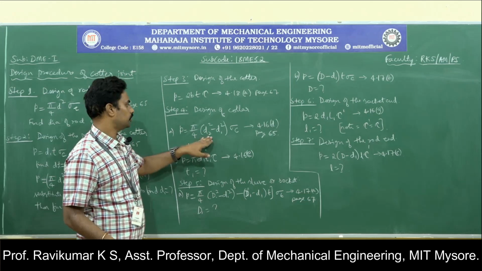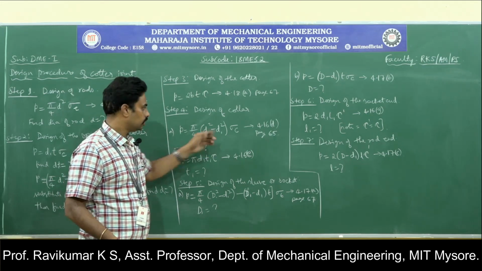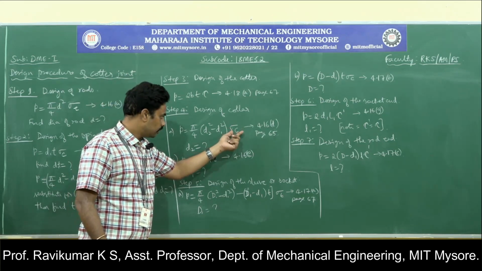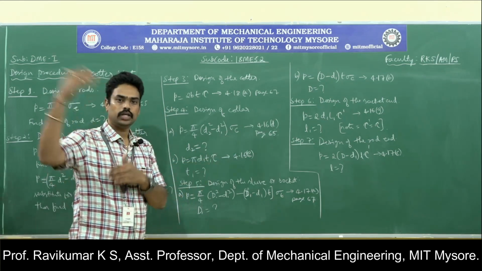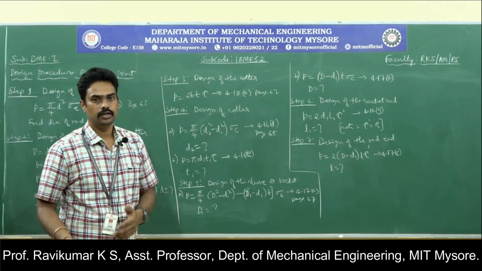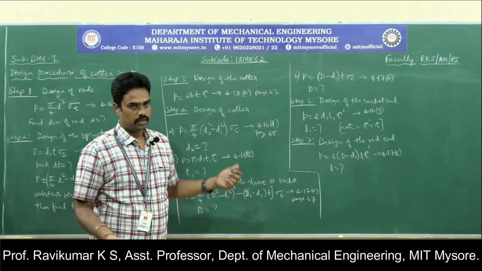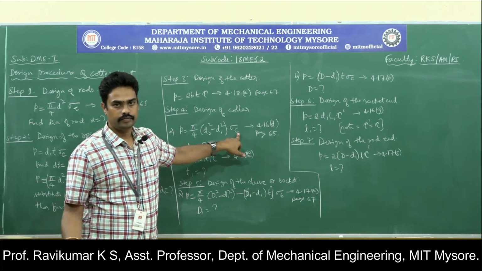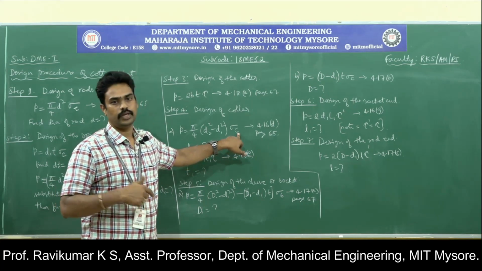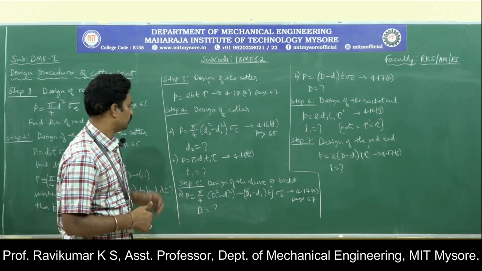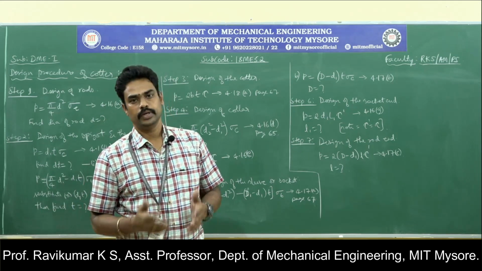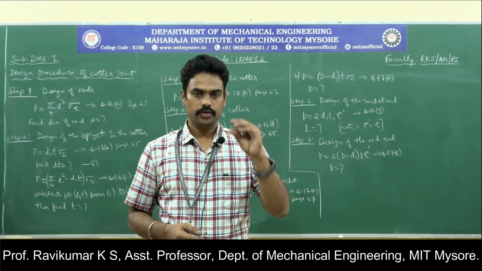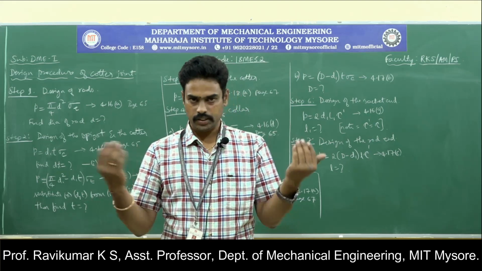Similarly, substitute all the dimensions, calculate the compressive stress, then compare this compressive stress with the given compressive stress of the material. If this is more than that, then the member will fail. If this is less than that, then the member will be safer. So this is one of the methods you can adopt. First step, calculate the diameter of the rod to be joined.